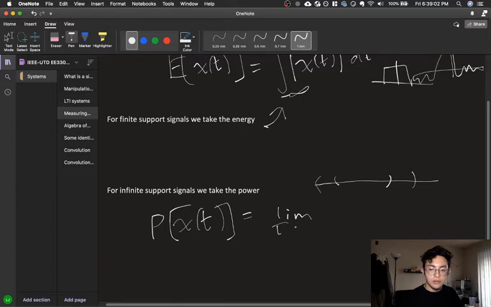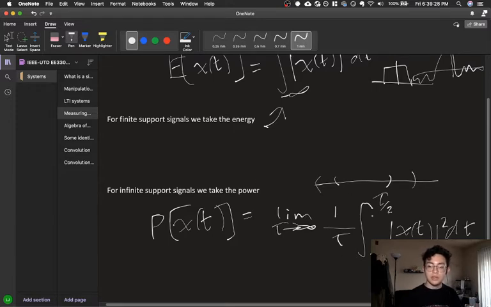So as tau approaches infinity, 1 over tau of the integral from negative tau over 2 to tau over 2 of the same thing inside, the magnitude squared, dt. So yeah, that's great.